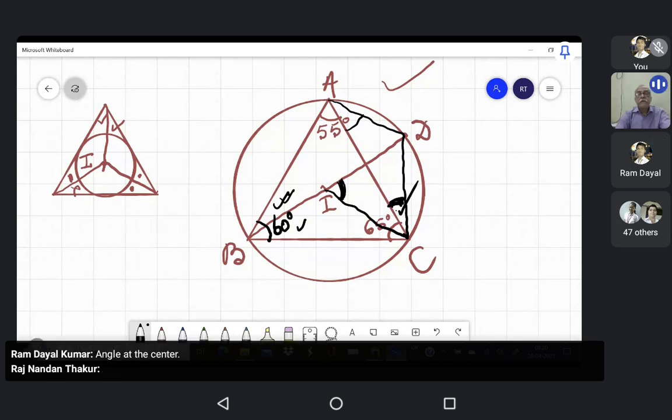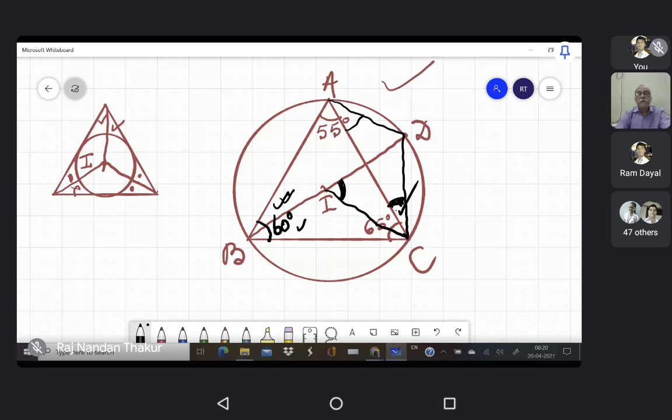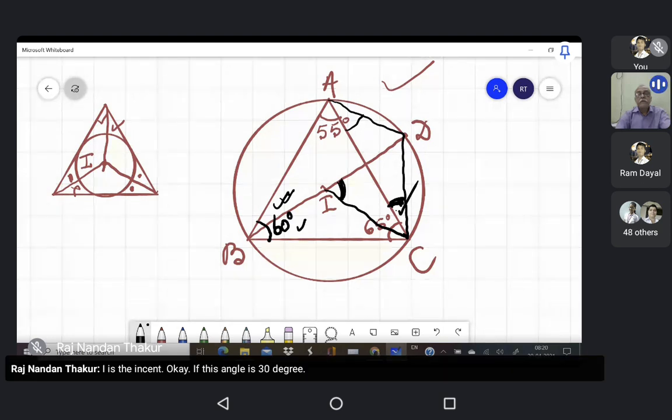I is not the center of the circle. I is the in-center. Okay. This angle is 30 degrees. How much will this angle be?